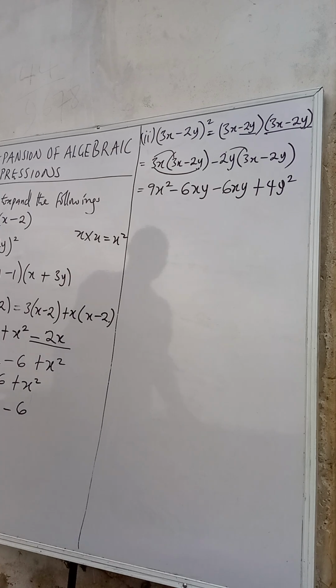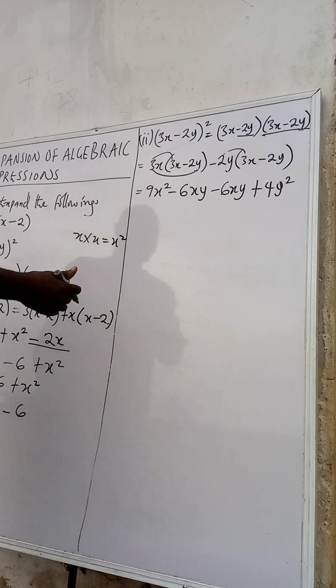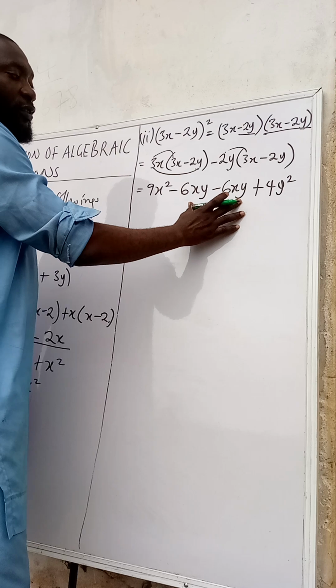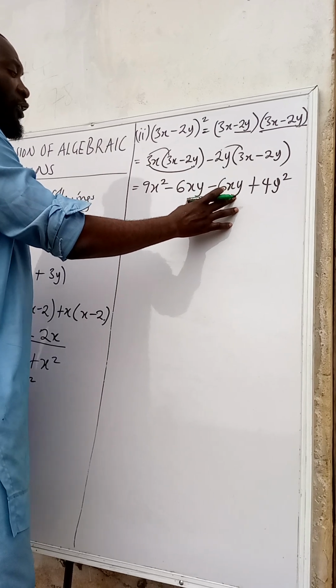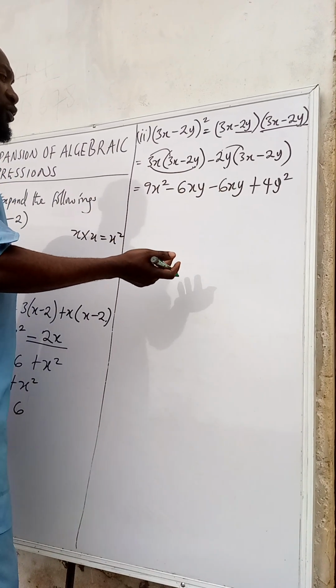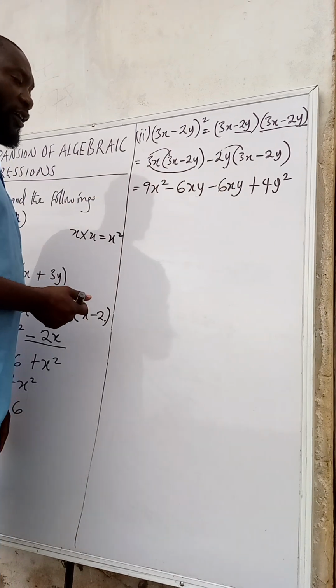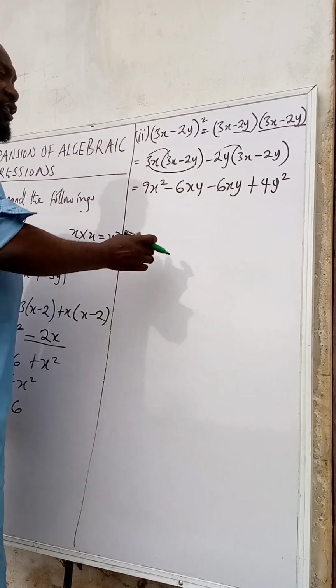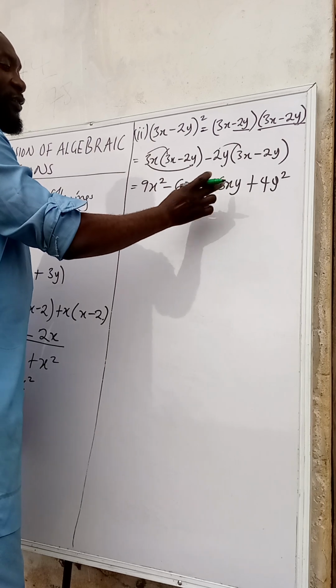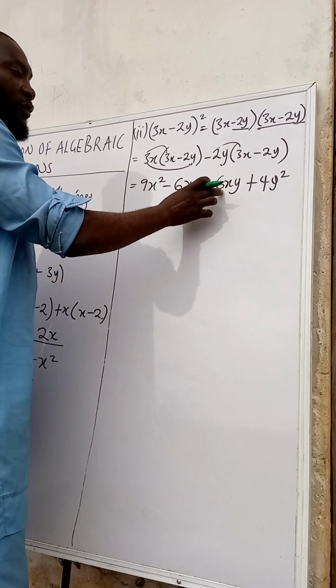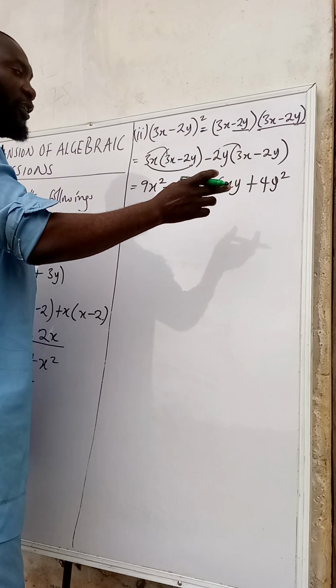So here, do we need to collect the like terms? The like terms are already together, so you don't need to disturb it. Just do the normal addition and subtraction. If you don't know how to add this, I have a video on how to add integers together.